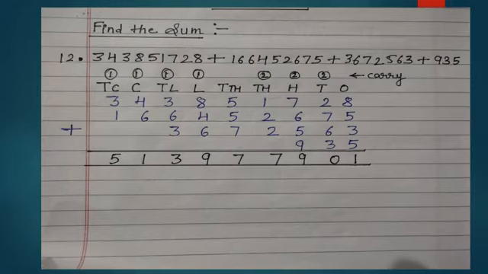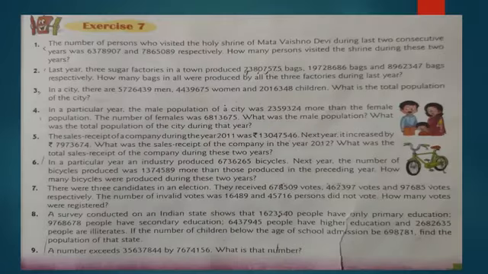After adding you have to write the answer. So after adding these numbers, the sum is 51 crore, 39 lakh, 77,901. The rest of the questions you have to do by yourself children.